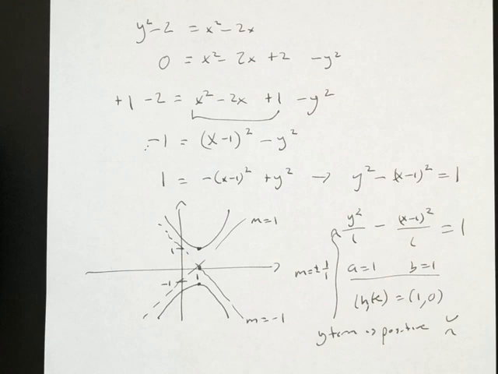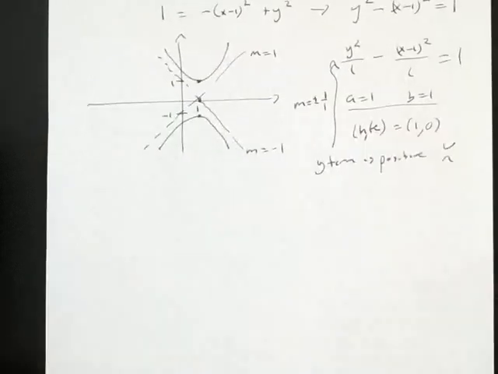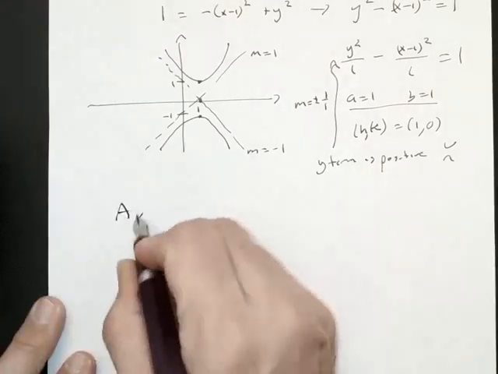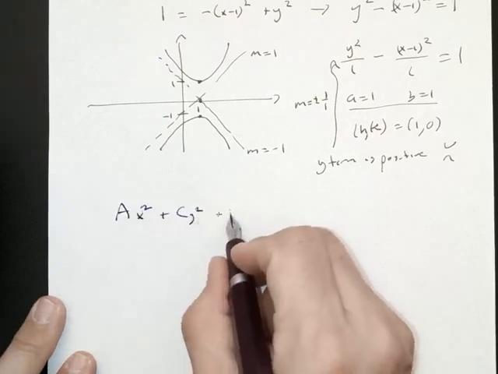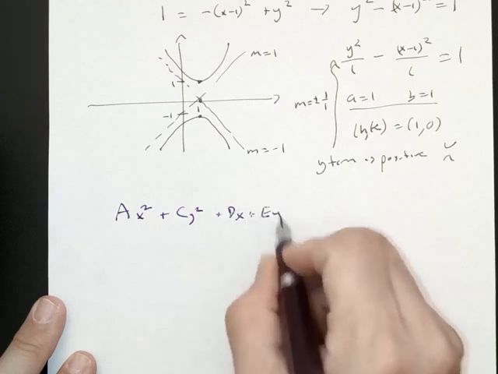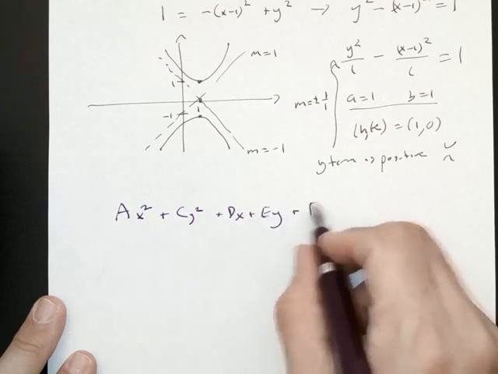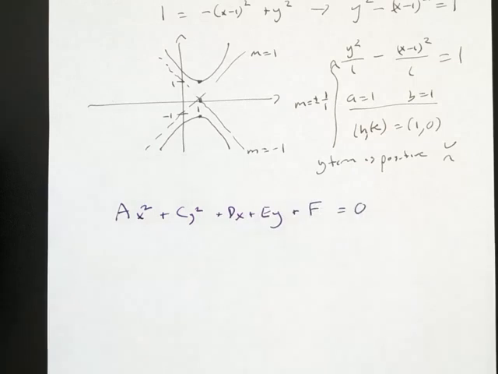Yes. A general statement. Every conic section, if I multiply it all out and I spread everything out, every conic section looks like this, if it's either along the x or along the y.